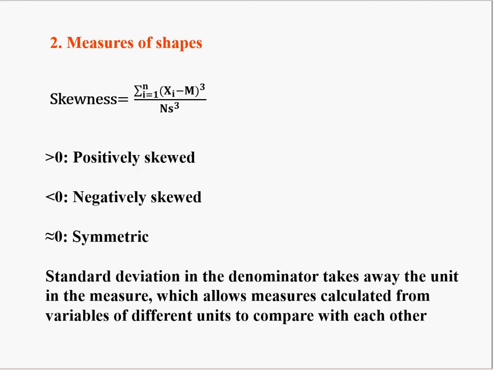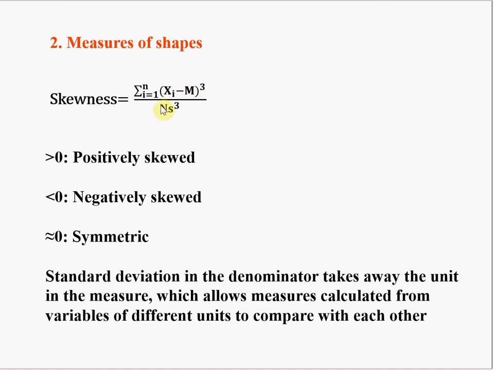Now we actually have measures, index numbers, to describe skewness. This is the formula we call skewness. On the top is the sum of the cubed deviation over all cases. Then you find the sum.